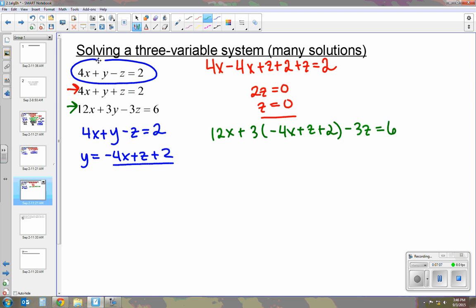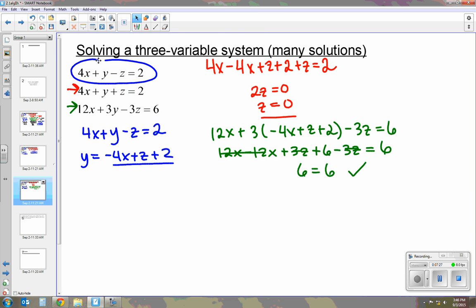Let's distribute, then simplify. 12x minus 12x plus 3z plus 6 minus 3z equals 6. And if you notice, the x's cancel, the z's cancel, and we get 6 equals 6. This is a true statement. So when we do get a true statement, this is infinitely many solutions.